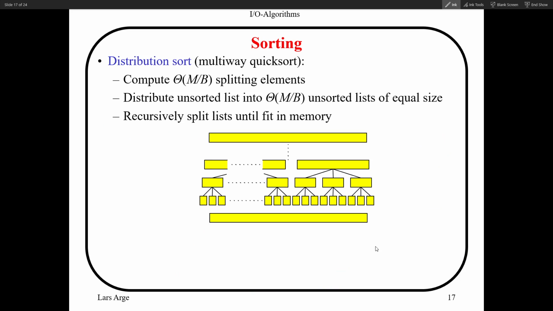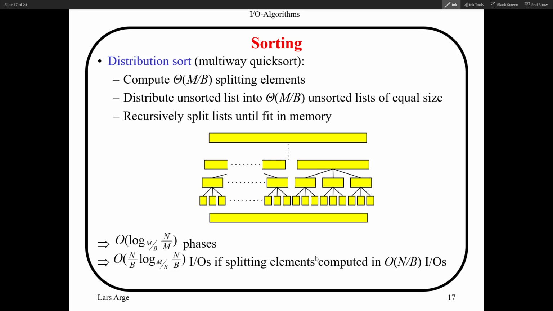If you look at how many IOs this takes, I have log base m over b of n over M phases. The reason behind this is that the size of each list goes down by a factor m over b at each step.